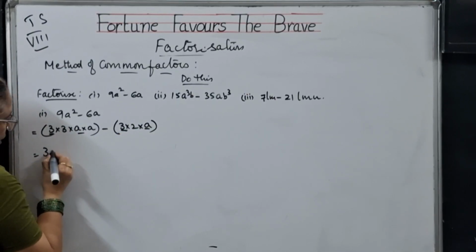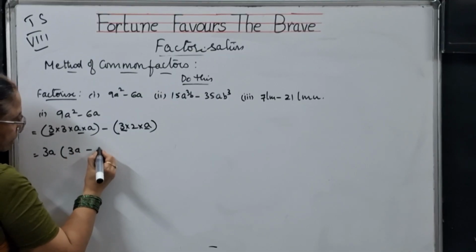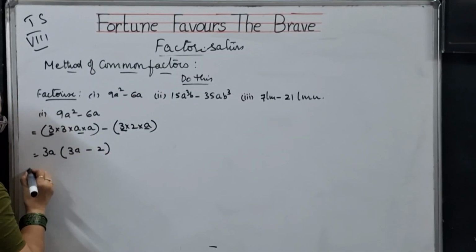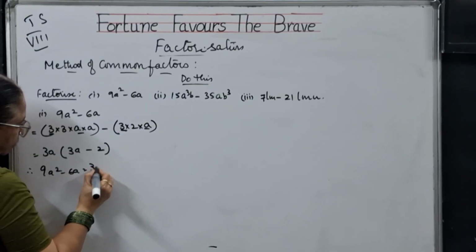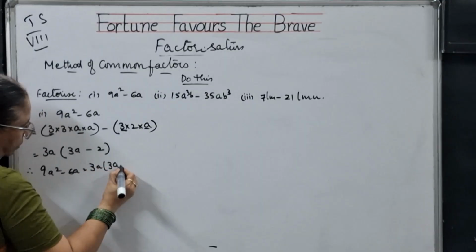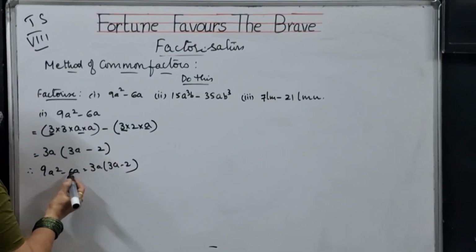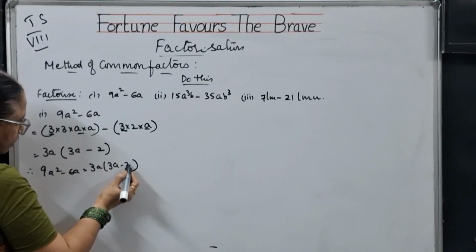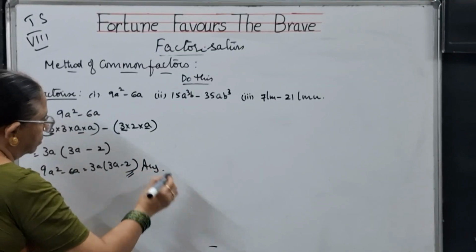So 3a when I take it out, I am having 3a here, minus 2. Therefore, 9a square minus 6a is equal to 3a into 3a minus 2. See, 3 3s are 9, a into a square, minus 3 2s are 6, a. This is the correct answer.